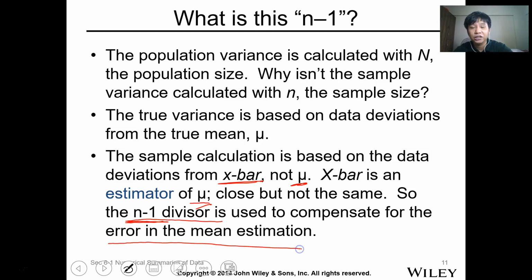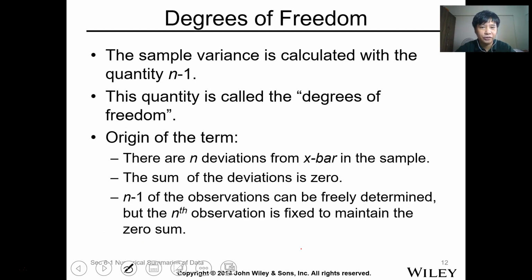So this one is to compensate for the error in the mean estimation. Okay, the sample variance is calculated with the n minus 1, which is what we call the degrees of freedom. So degrees of freedom, this is just n minus 1.